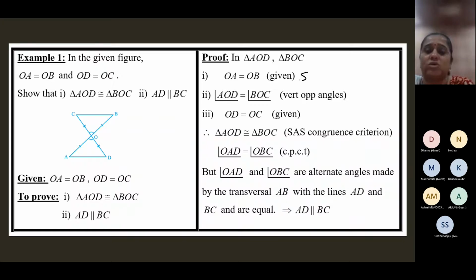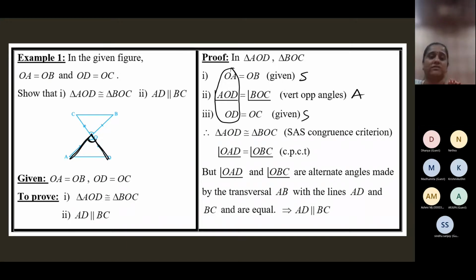And that goes with the SAS congruence rule. Side, angle, side: two sides and included angle. I told you why included angle. Now look at the information of one triangle: OA, OD, and this angle. For this angle, these are the arms.